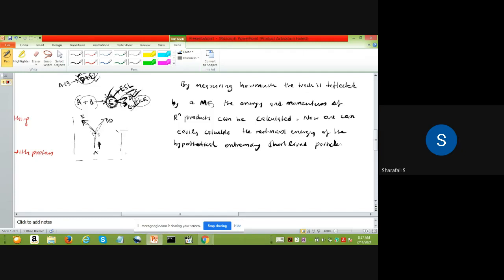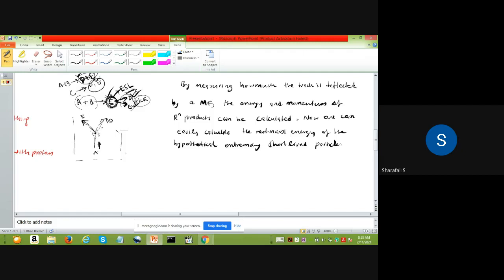But if you have C formed because of the interaction of A plus B, and this C is going to decay into D and E, in that case the energy of D and the energy of E will always be the same. So when you take those photographs and observe the tracks to be the same in all of them, then we can say that there is an extremely short-lived particle which is just formed in this particular interaction.